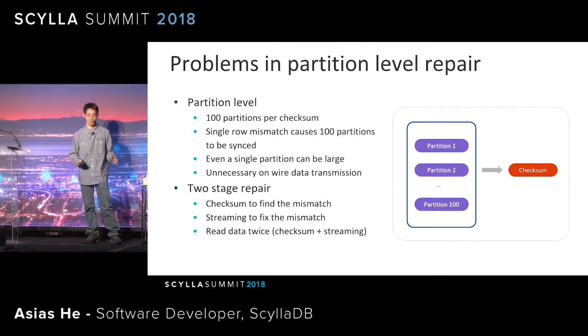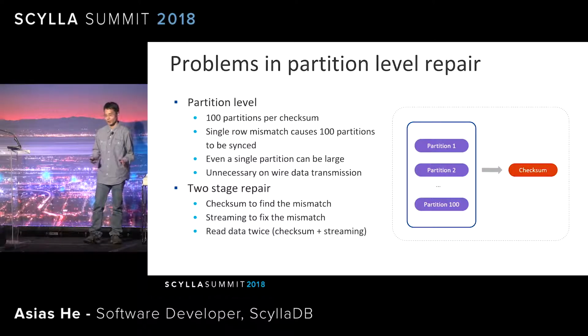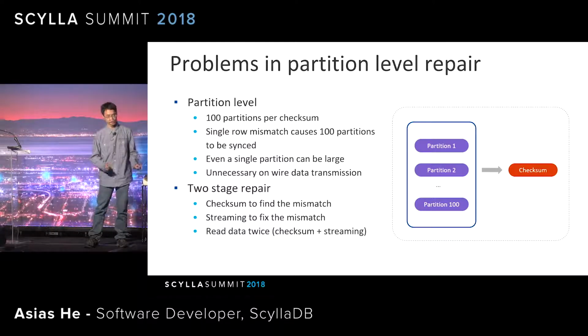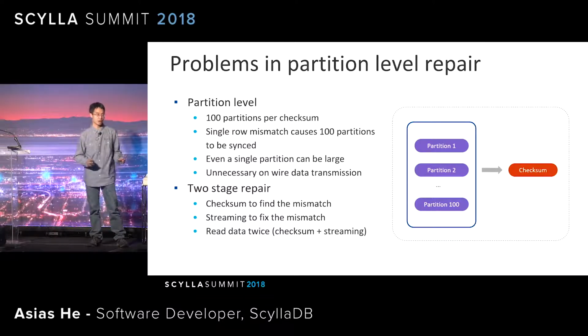This is the repair we currently have. It's called partition level repair. With it, we do 100 partitions per checksum. The problem is that even a single row mismatch will cause the whole 100 partitions to be synced.